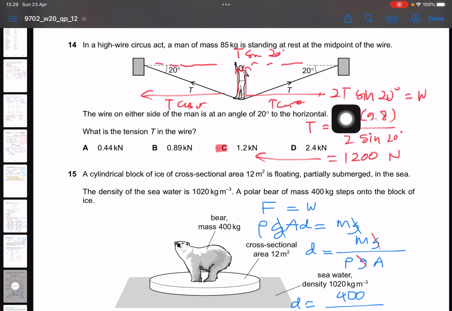So T equals 85 times 9.8, mass times gravitational acceleration, divided by 2 sine 20. So we get about 1200 Newton or 1.2 kilo Newton. Yeah, the answer is C.